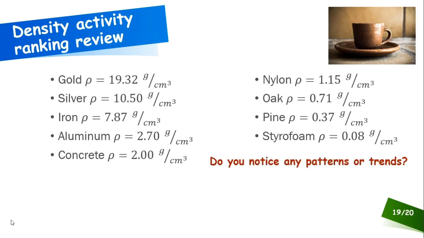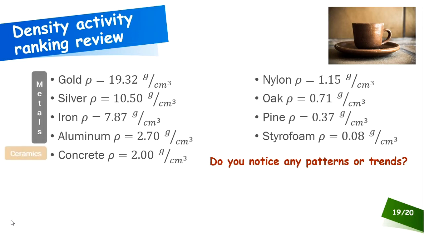Now, do you notice any patterns or trends in the ranking? Look carefully at the types of materials that have similar densities, or similar relative densities. So you've got different neighborhoods here that we're looking at. And if you notice, the ones with the largest densities are all metals.